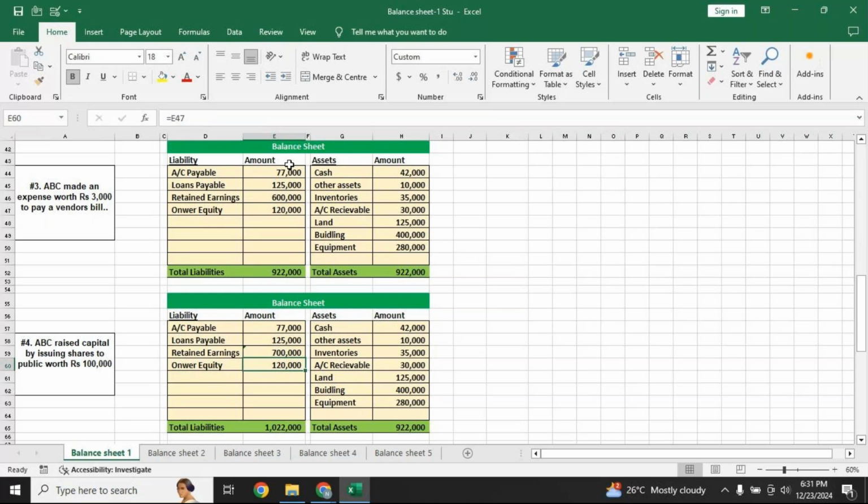Then on this side, the rise in the cash, plus 1 lakh. Try this. Retained earnings will be added with 1 lakh, cash also will be increased with 1 lakh. Try solving this third and fourth.